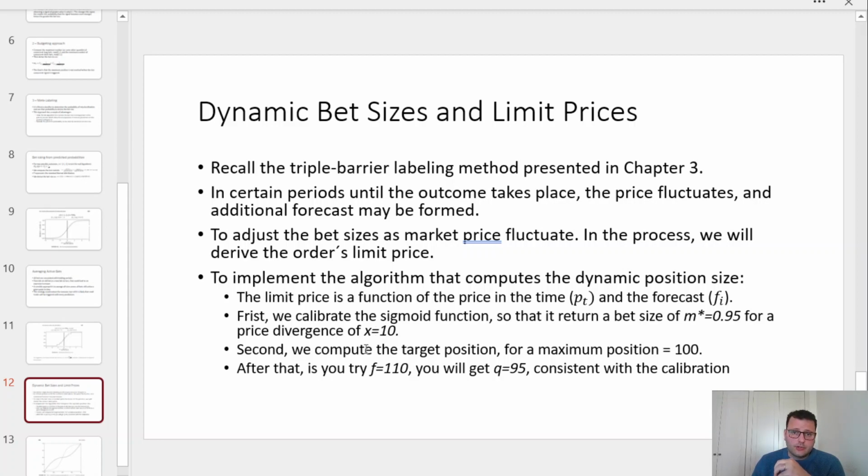Second, we should compute a target position with a maximum position equal to 100 here. So after that, if you try a forecast of 110, we'll get only 9.5. This is a consistent calibration of the model, right?